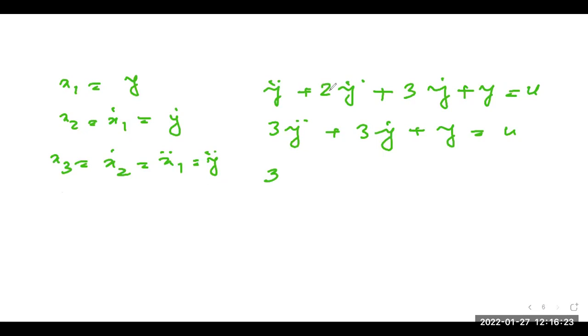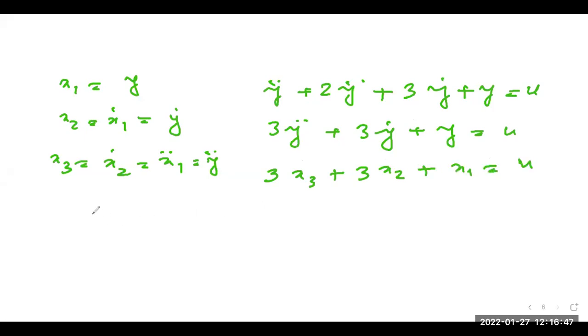These two things are actually given. Okay, fine. Y double dot equal to your 3x3, and y dot equal to what? 3x2 plus y equal to what? This is x1 equal to u.